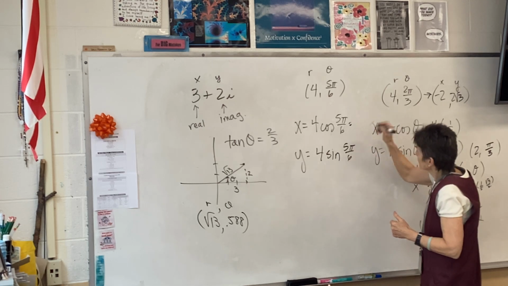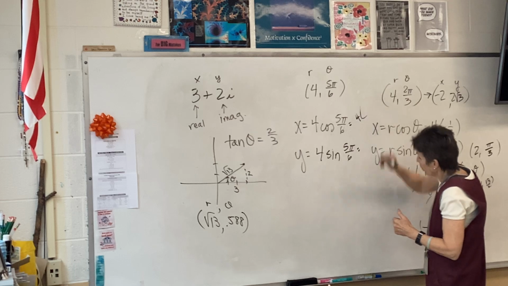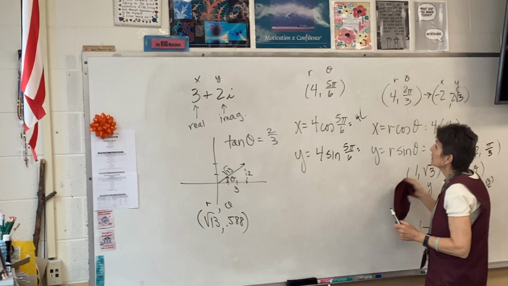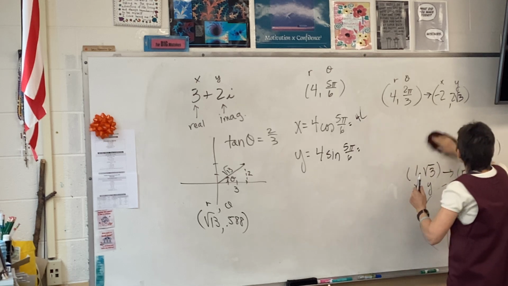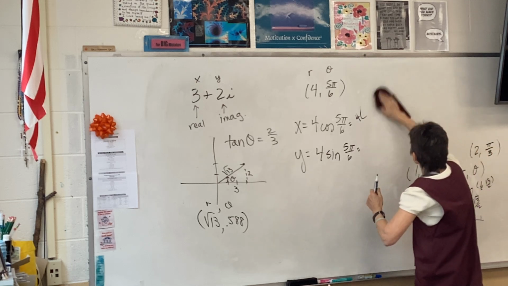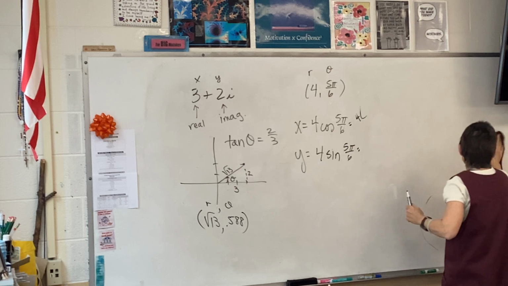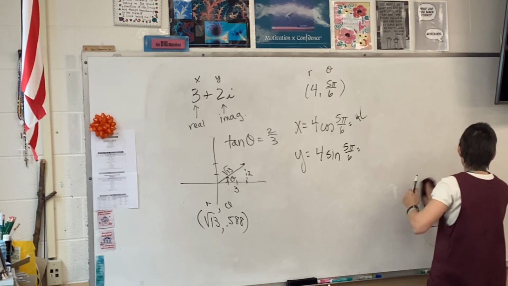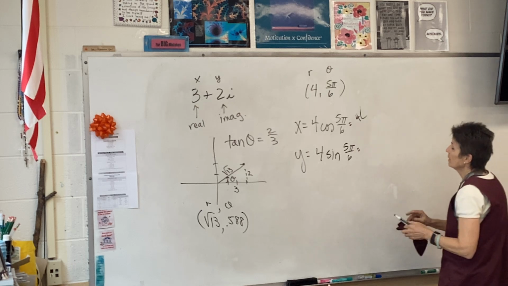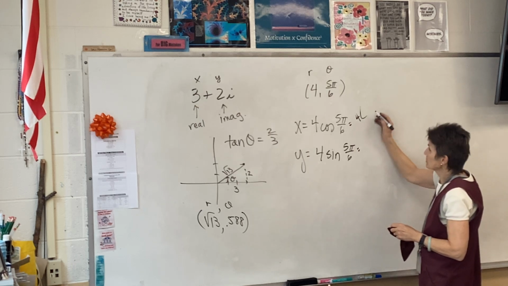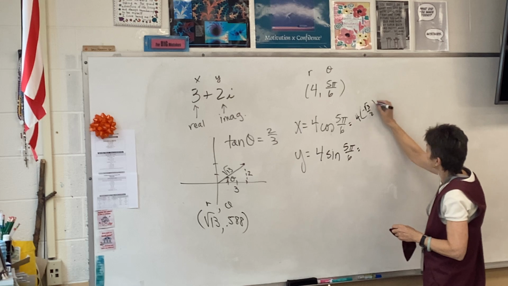So, what is the cosine of 5π/6? Be careful, it's going to be negative. Cosine is x, quadrant 2, negative. So 5π/6, negative √3/2.